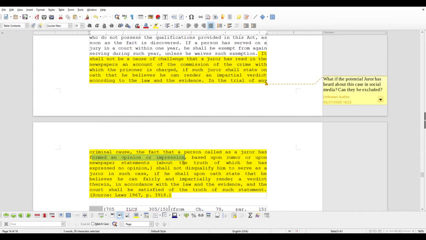And this is just simply crazy to me because I've always thought that if you knew about the case before actually being called to be a juror, that you should be excluded because you would be biased.